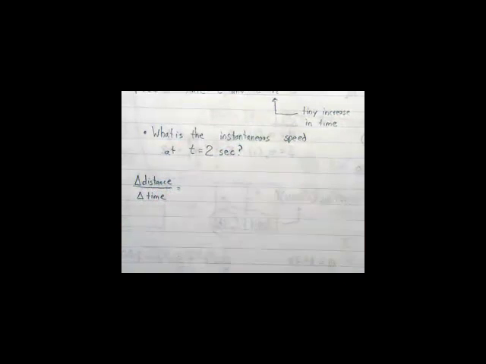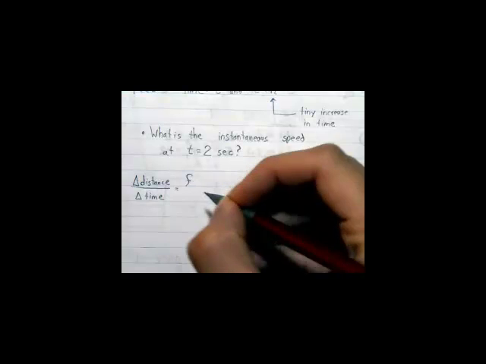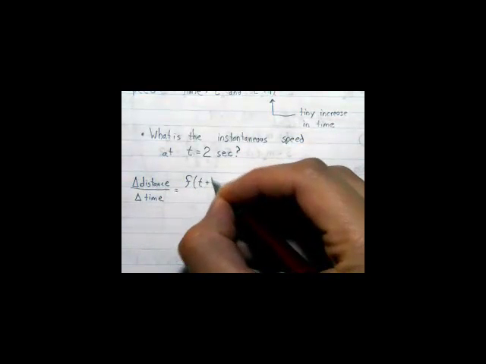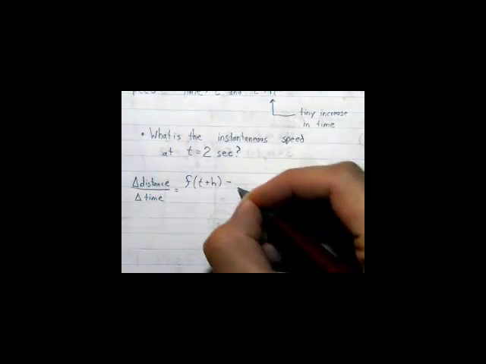Okay, well think about what we did. When we found the change in distance, basically we were finding the difference of the y values, right? So it's kind of like doing a slope, essentially. Change in the y over change in the x. Or instead of y, it could be f of t. So this is going to be f of t plus h minus f of t.